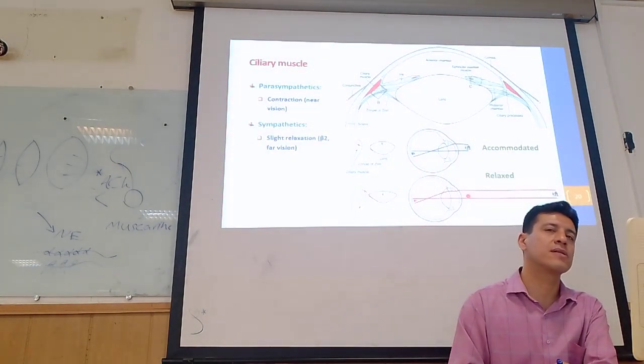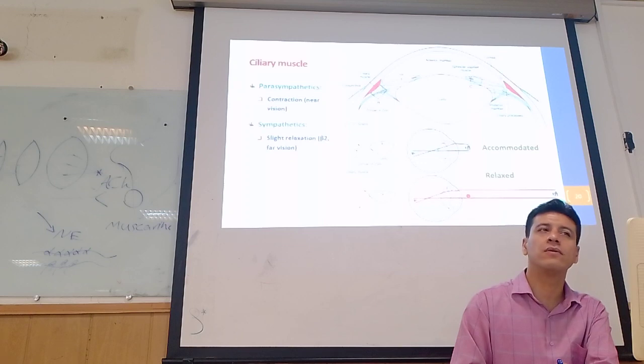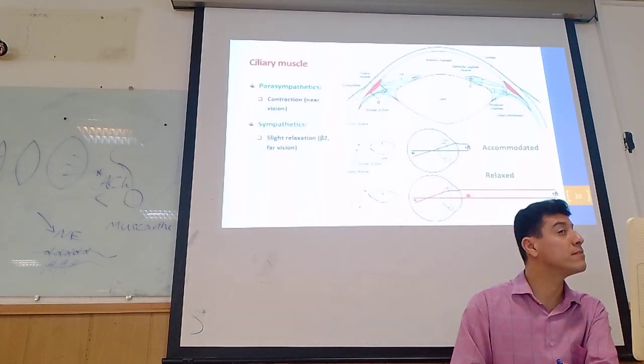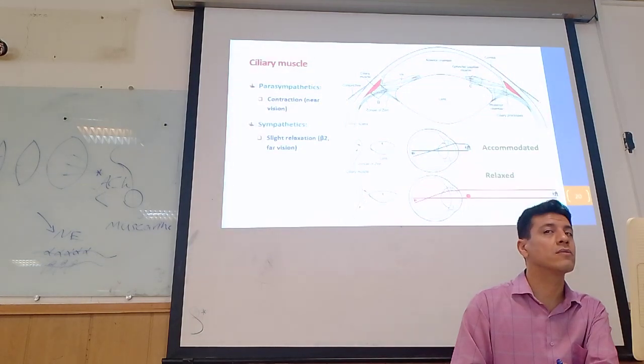Relaxation of the ciliary muscles is mediated through beta 2 receptor. Contraction is mediated through which receptor? The muscarinic receptor.